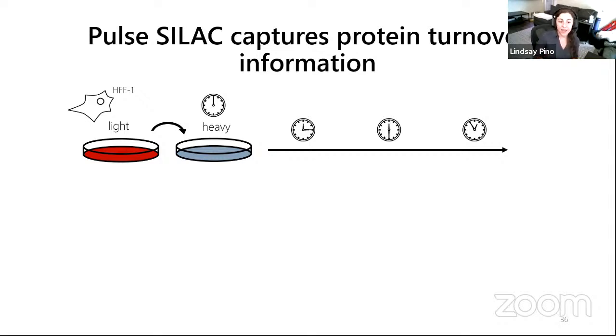In a pulseSILAC experiment, you would take your cell culture. For me, I was working in HFF1 mammalian cell line, and you grow your cells in regular media to start. Once the cells are happy and proliferating, you switch the cells to a heavy media.